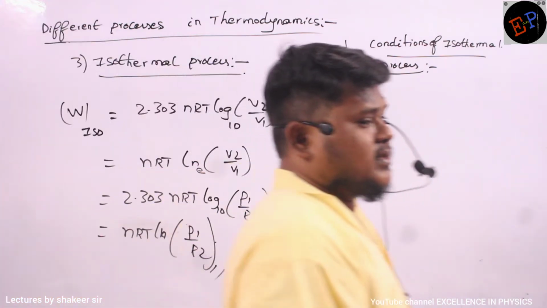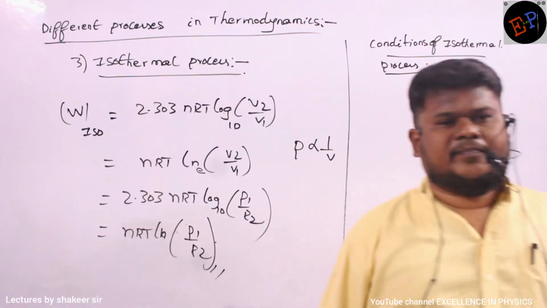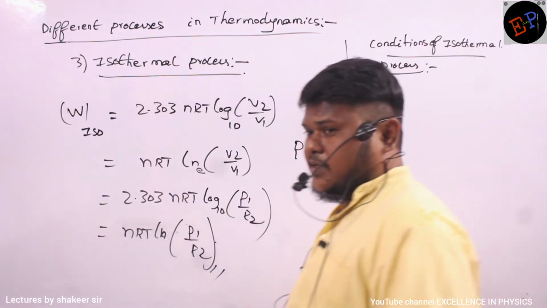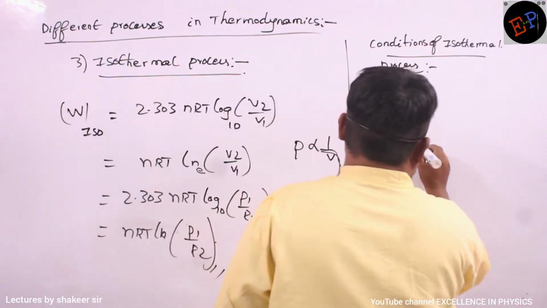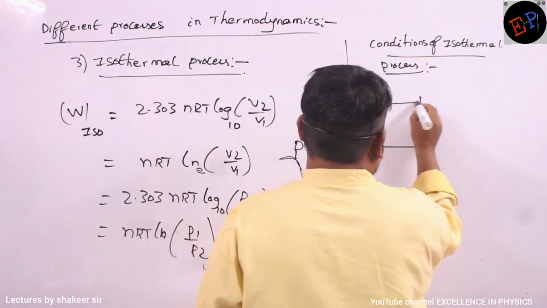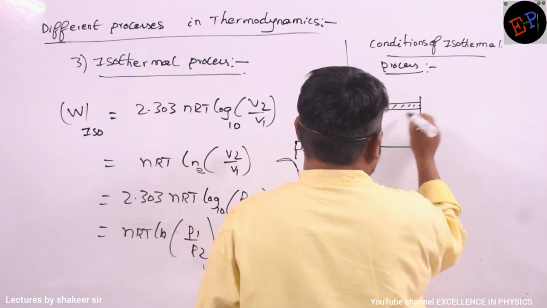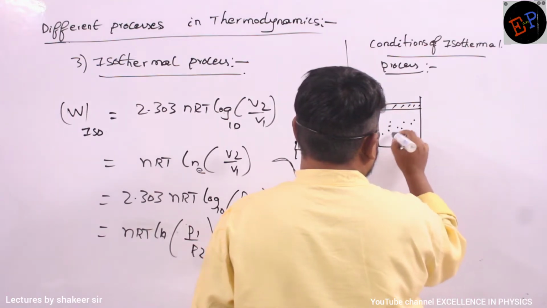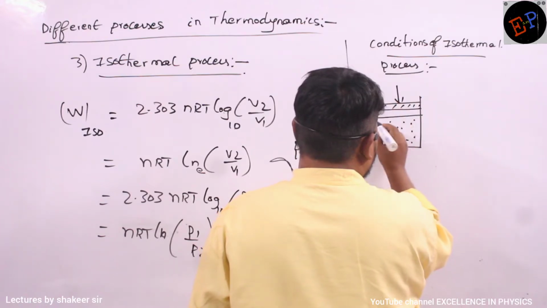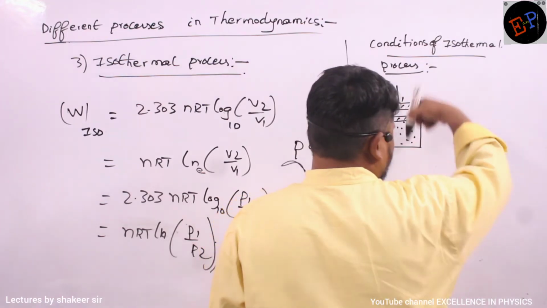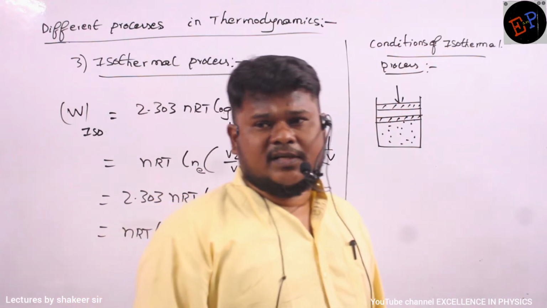Isothermal process means temperature should be constant. So in which condition can temperature be constant? See, for example, listen to this one very, very carefully, ma. So this is a piston and a gas is present inside this piston. So by applying some force, I am making this piston go downwards. I am compressing the volume of this gas.